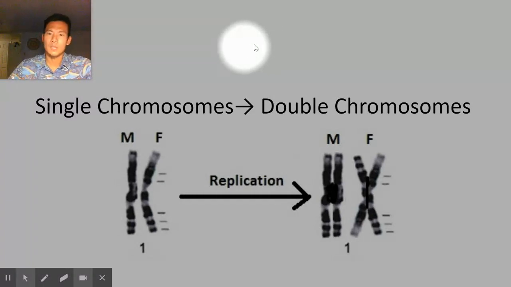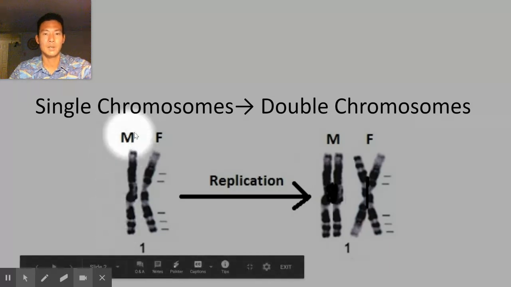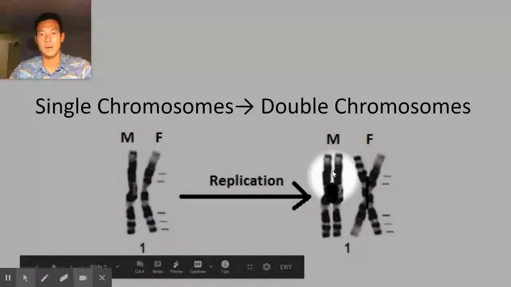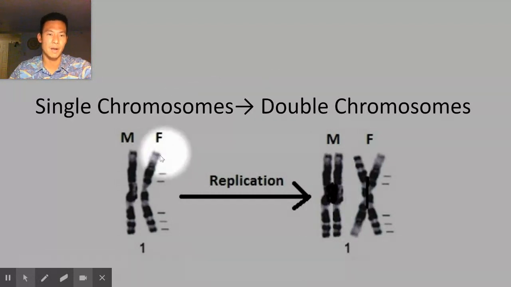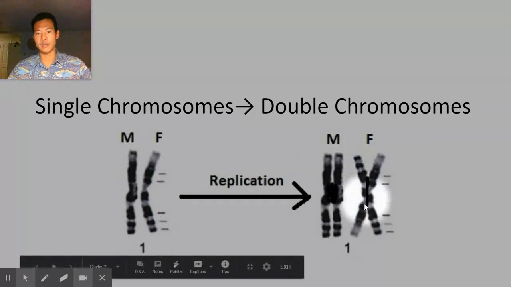Now for mitosis and meiosis, during S cycle, single chromosomes become X-shaped double chromosomes. Here are your single chromosomes, one from your mother, one from your father. During S cycle, they both replicate. This single bar chromosome becomes this double, X-shaped chromosome. Same thing with the one from your father: the single chromosome replicates during S cycle and becomes a double chromosome that's X-shaped.